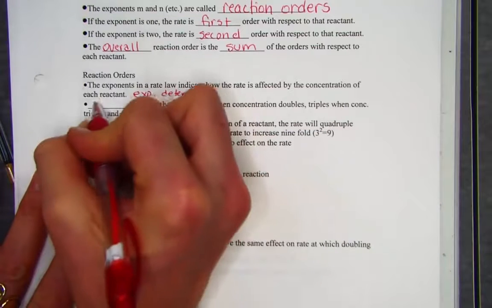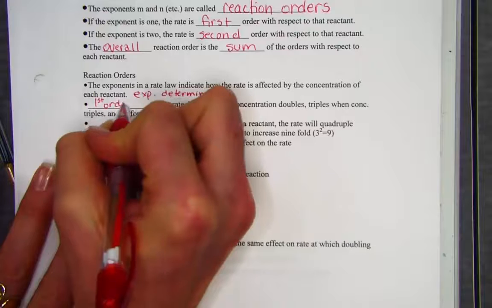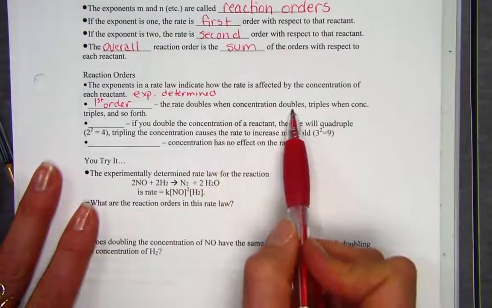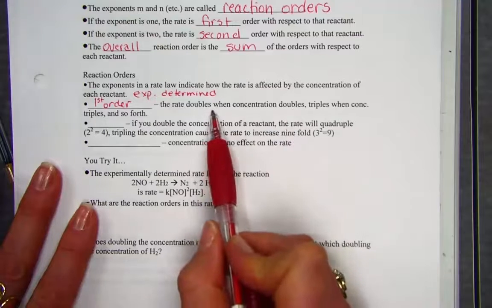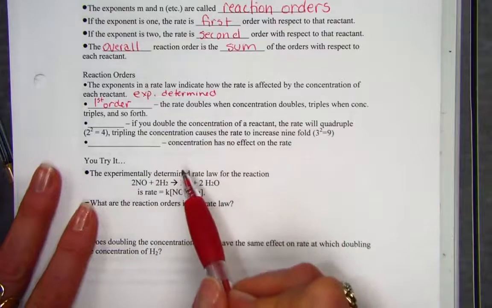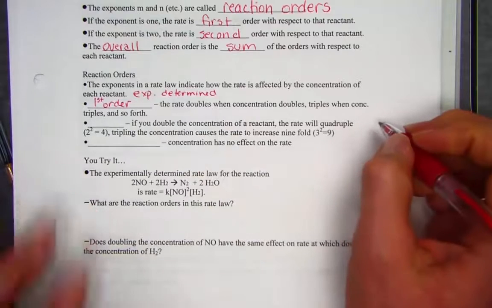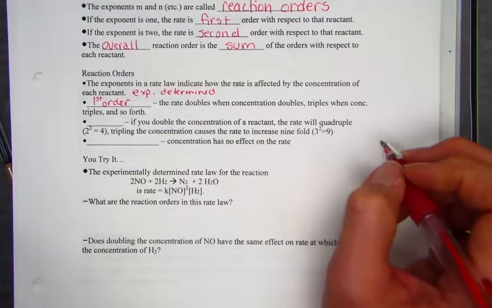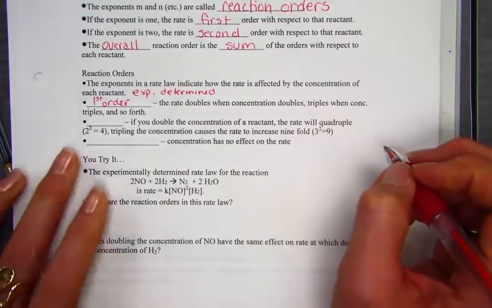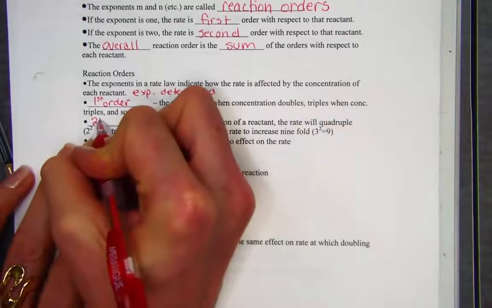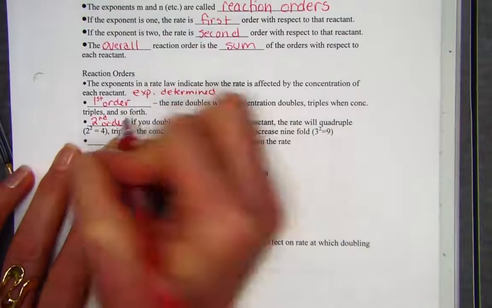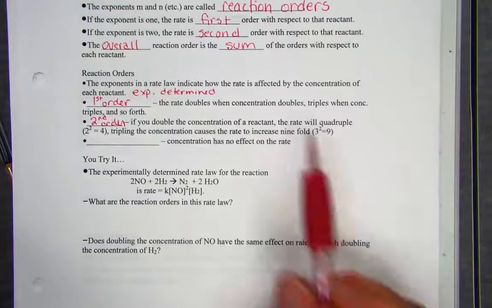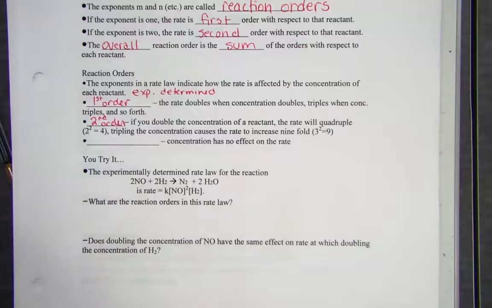We said that a reaction is first order with respect to the reactant if the rate doubles when the concentration doubles. If we triple the concentration and the rate triples, it's first order. Whatever we do to the concentration, if the rate follows directly, it's first order with respect to that reactant. We notice that for a second order reaction, if I double the concentration of a reactant, the rate will quadruple, 2 squared giving us 4.